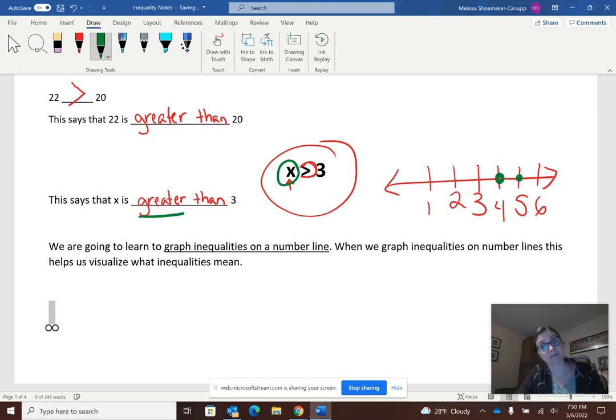You could have $5. You could have $6, 7, 8, 9, 10. You could even have everything in between. I could have $4.01, $4.50. I could have $5.25. I could have $6.02. It could be anything on the number line. So we're going to learn how to put that on a number line.